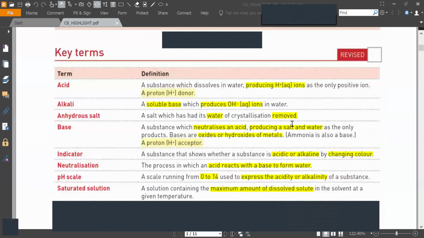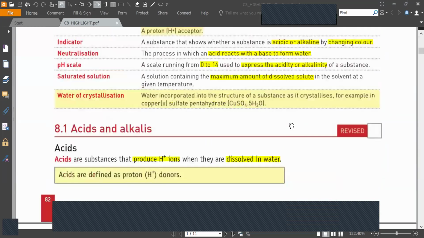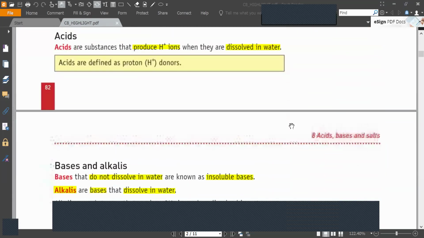I think we did do this topic before, so I think it should be straightforward. So what is acid? Substance that produces H plus ions, called protons.